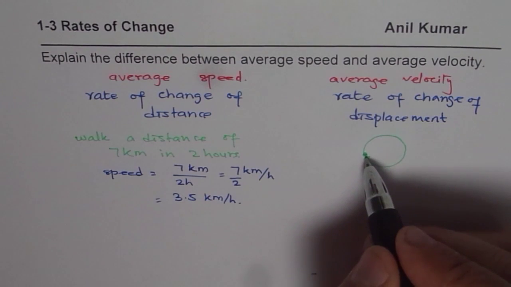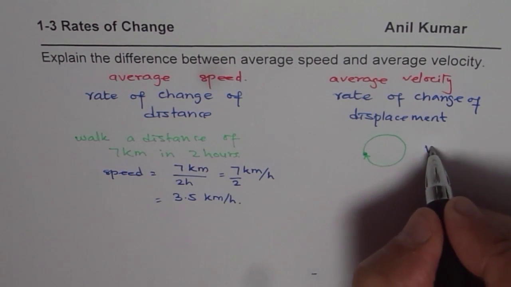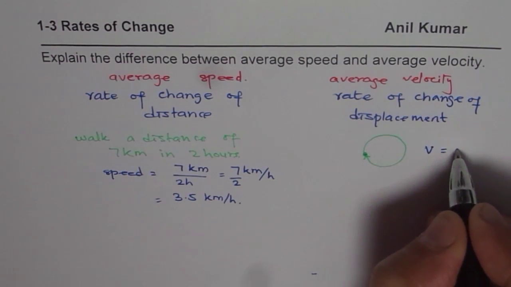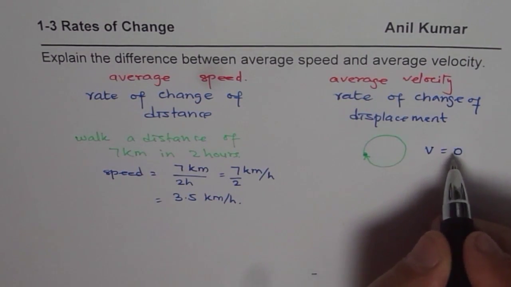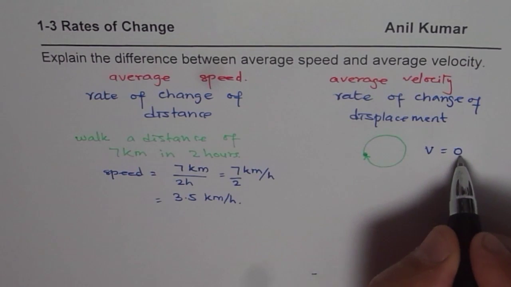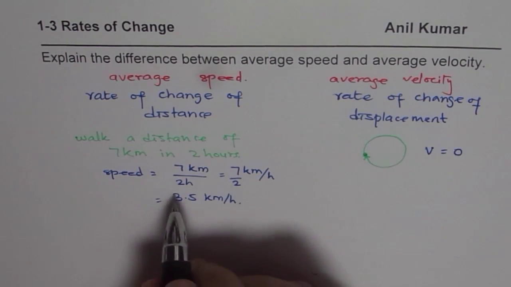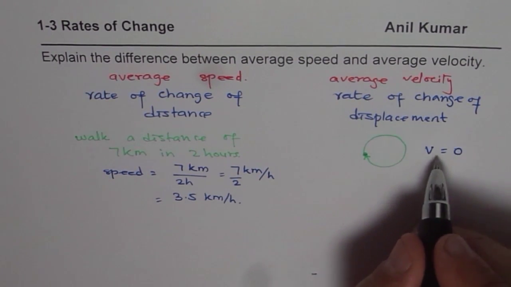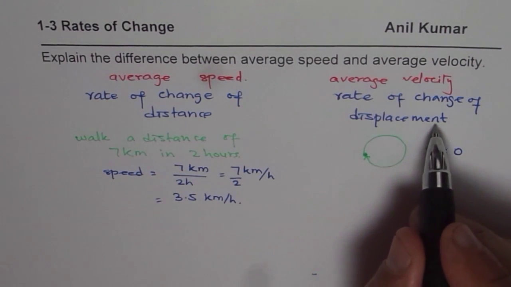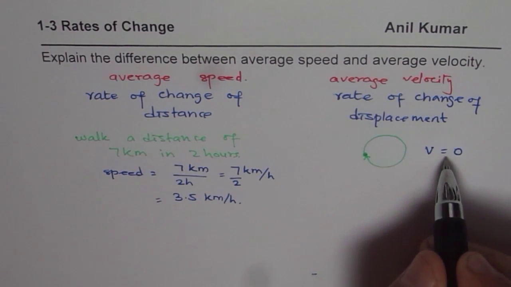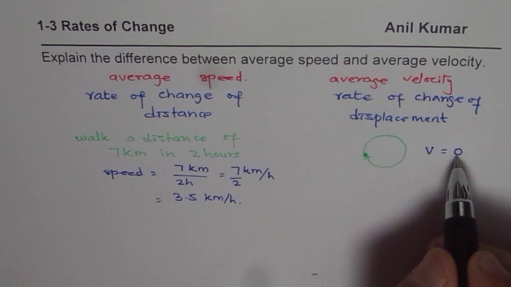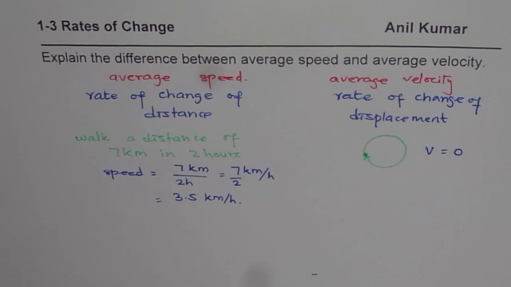Well, you started from a position and ended at the same position, so the velocity will be treated as 0. Since the change in displacement is 0, and time taken is of course 2 hours, the rate of change of displacement, and therefore the average velocity, becomes 0.